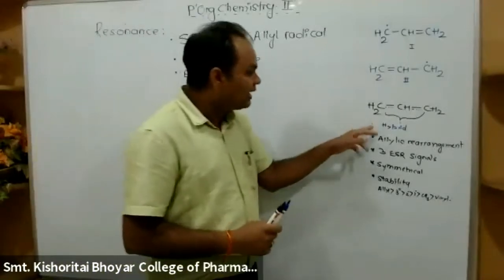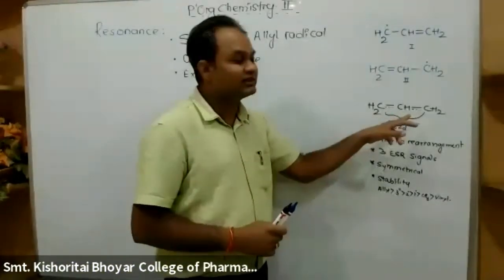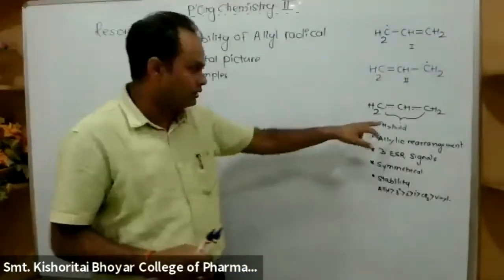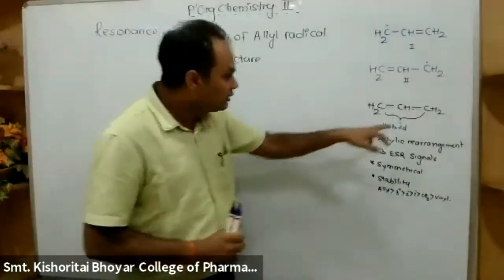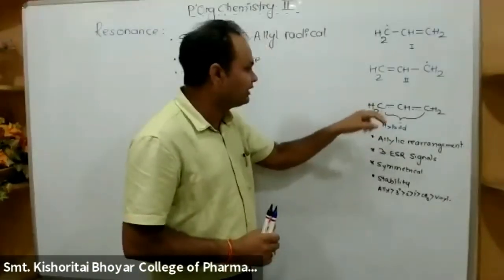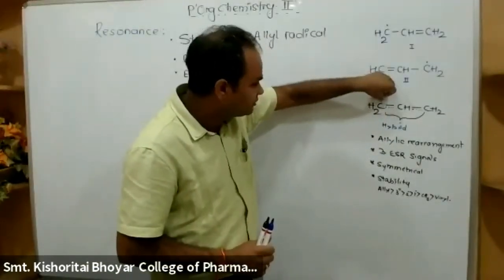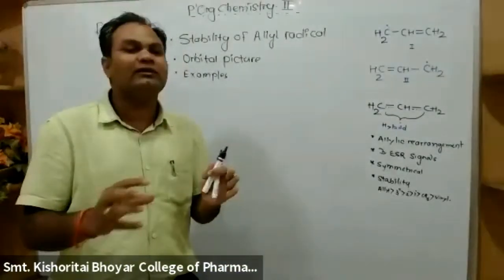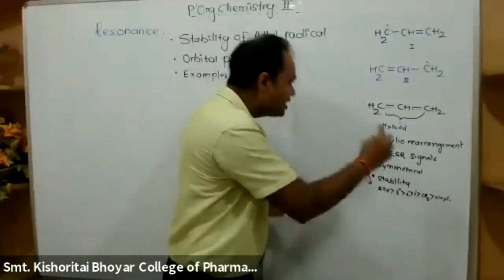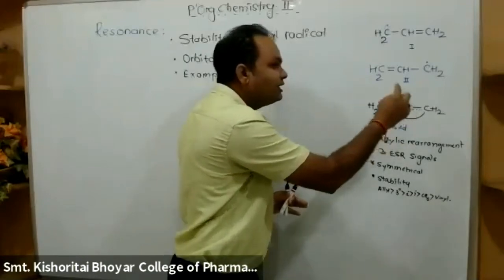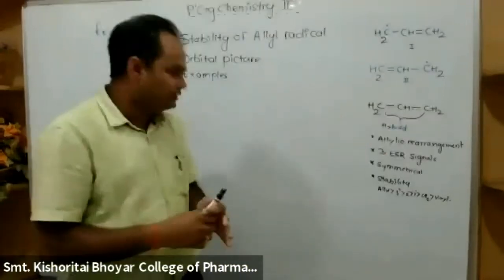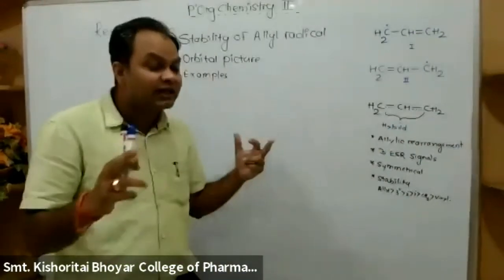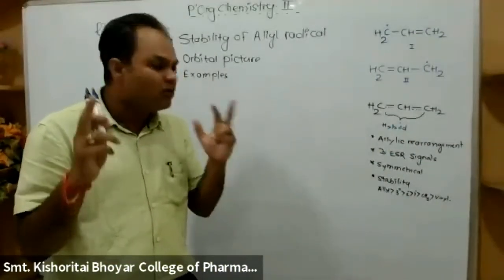Because in the allyl radical the odd electron is not written only on the terminal carbon, this or this, but is retained throughout the molecule, shared by all the carbons. Due to this you get the allylic rearrangement that we discussed in detail in the bromination of one octene.